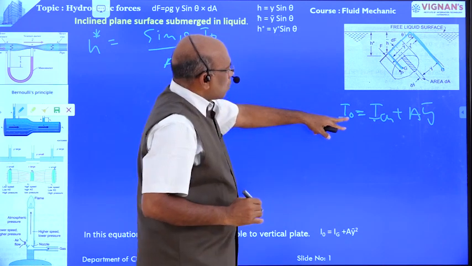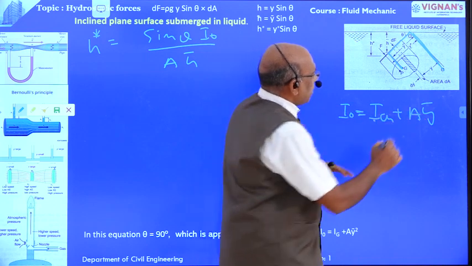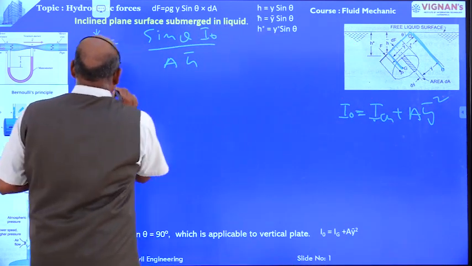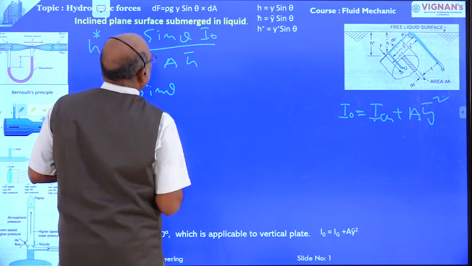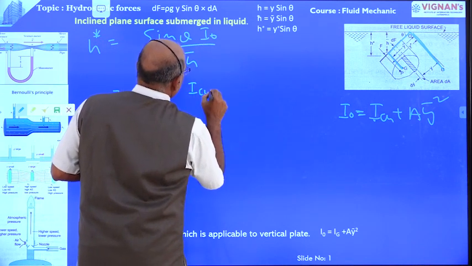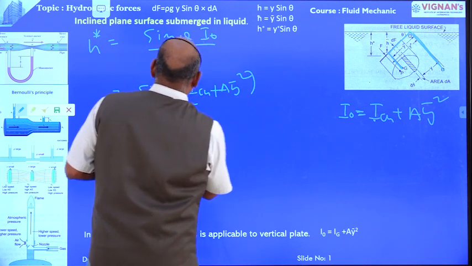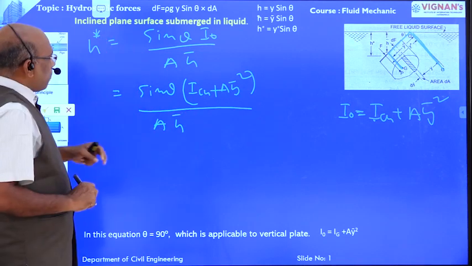In place of I0 we take ICG plus A y bar square. Therefore, h star is equal to sine square theta into ICG plus A y bar square, divided by A h bar.